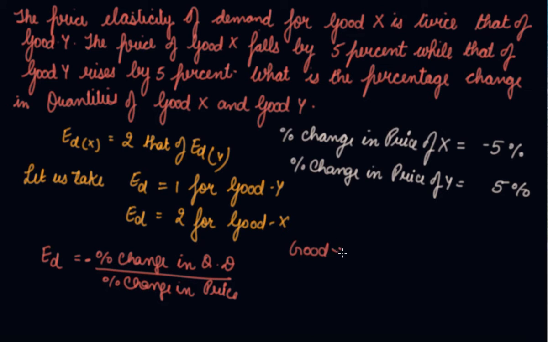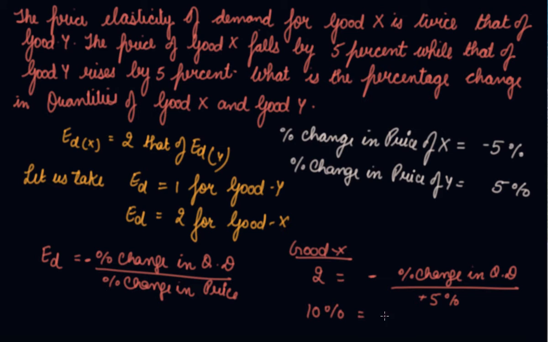Now what has happened with good X? The elasticity of demand was 2. The price has fallen by 5%, which is minus 5%. So minus minus becomes positive, 5 times 2 is 10%, the percentage change in quantity demanded.